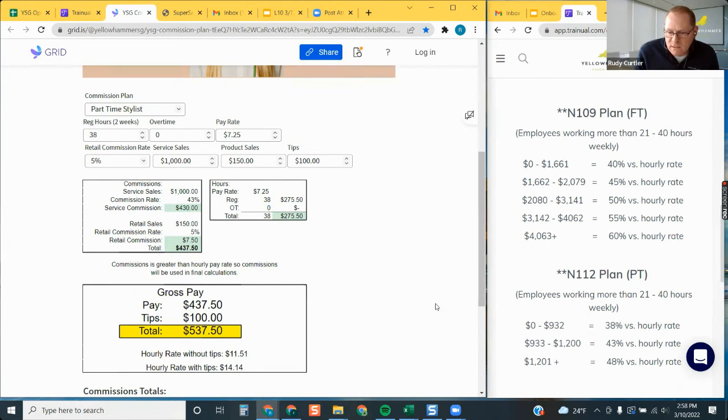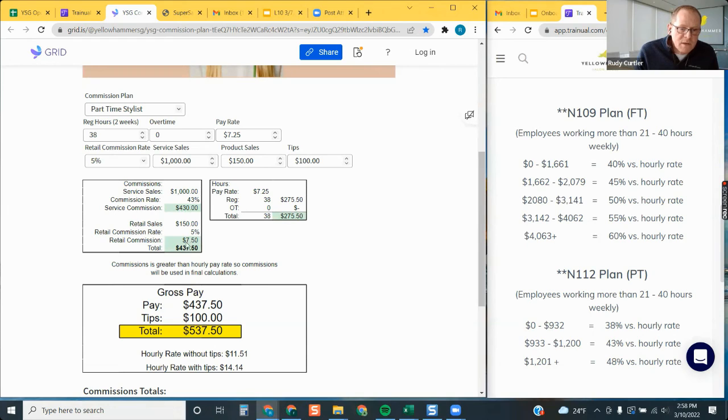Well, you'll see again, this automatically calculates the 43% commission rate on the N112 plan for the part-timer at $430. They'll get 5% of that 150, which is $7.50. Add those two together, you get $437.50. Well, $437.50 boxes out and beats out the $275.50 fallback rate.